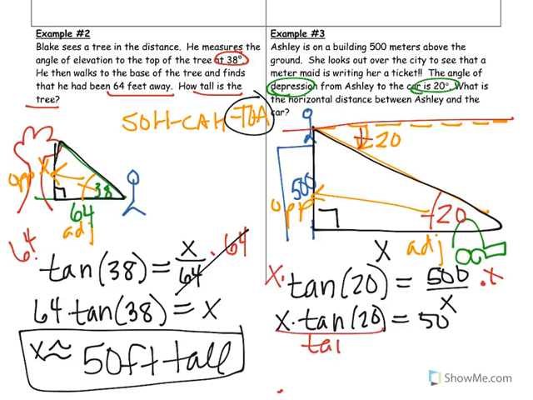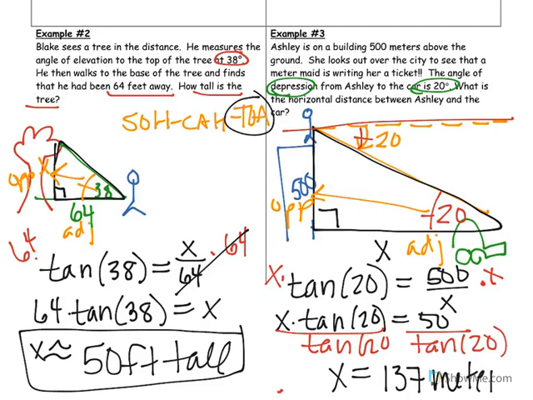I have to divide by tangent of 20 on both sides. And I get that x equals 500 divided by the tangent of 20. Using your calculator, I get 137. We've been rounding to the nearest whole number, so let's do that again. So 137 meters away is where she is.